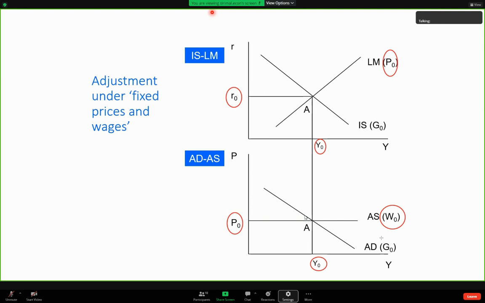And then we have our government spending, G naught. Okay, so everything is clear. Here we got IS and LM, so that is IS-LM framework. Here we got AD and AS, so that is AD-AS framework.